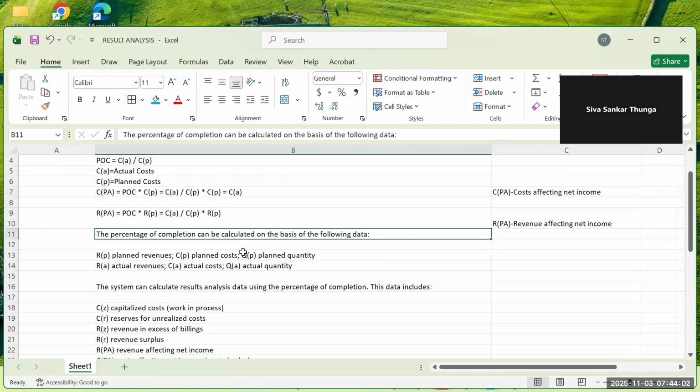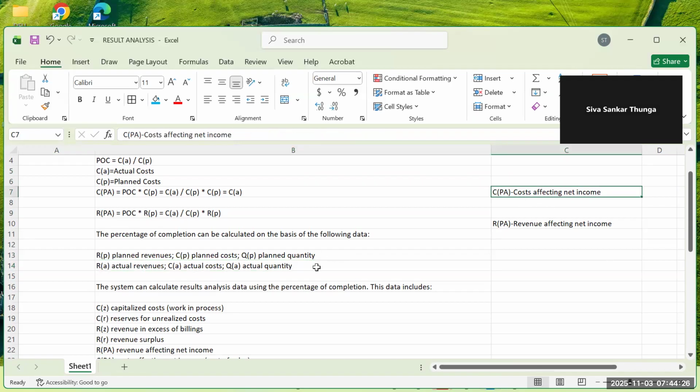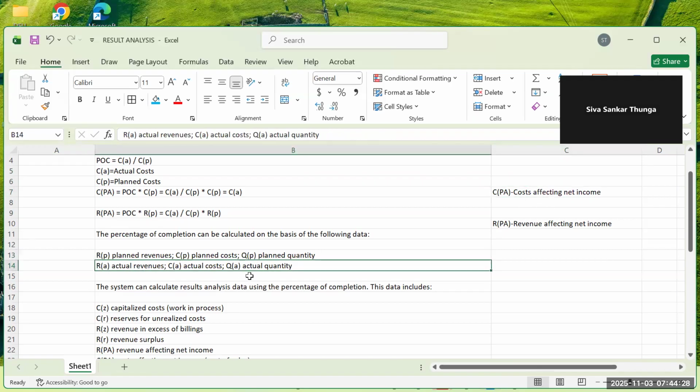The percentage of completion can be calculated on the basis of the following data: planned revenues, planned cost, planned quantity, actual revenues, actual cost, actual quantity. If you are using the quantity-based method, then actual quantity divided by planned quantity. If you are using the cost-based method, actual cost divided by planned cost.